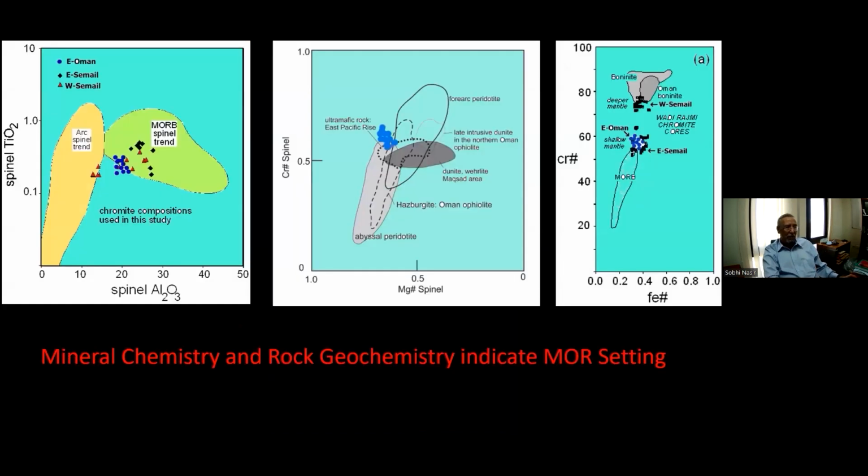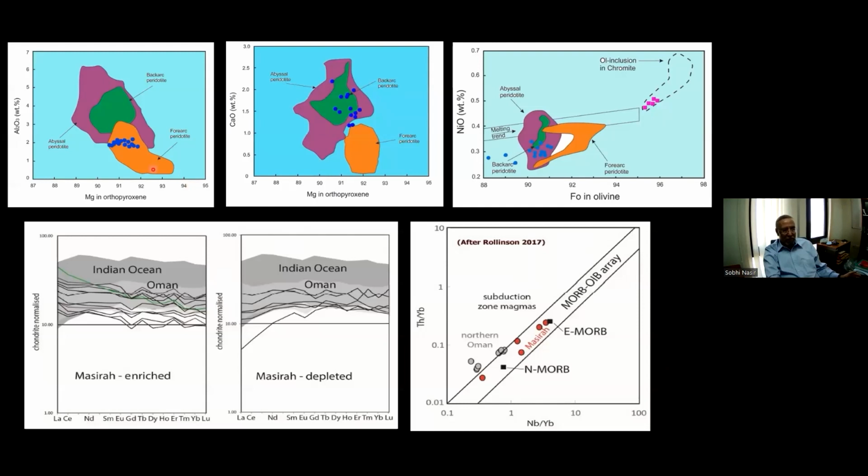Now, if we analyze the rock and ore bodies found within the Masirah, all magmatic rock and ore bodies gave us a MOR composition, by using analysis of spinel, chromite, or by using analysis of pyroxene and olivine in the rock, as well as in the chromite. They give us a MOR composition.